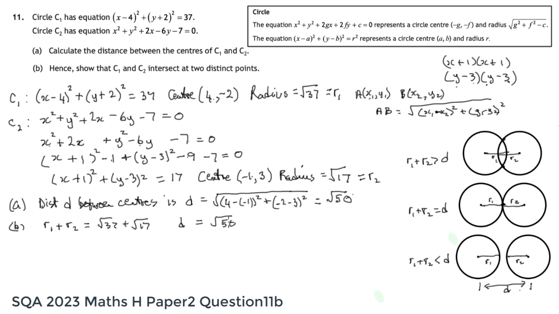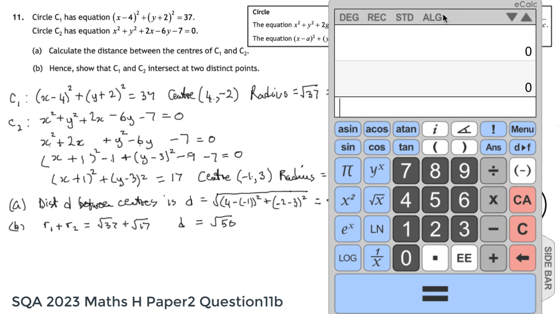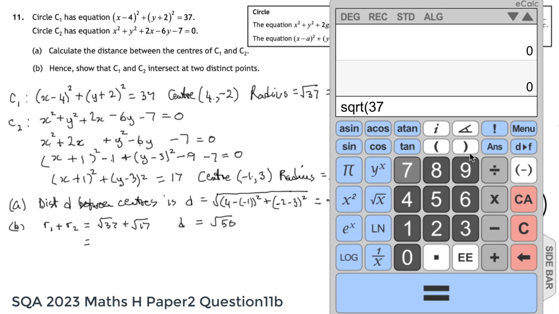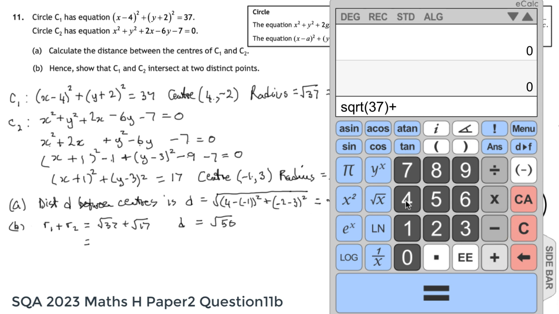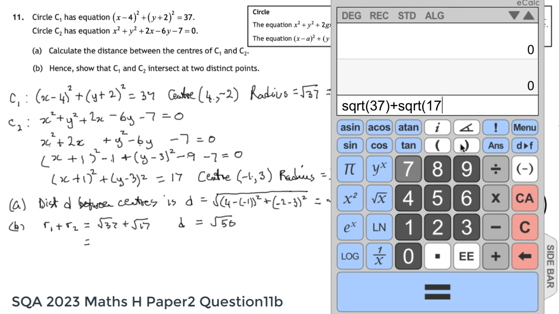Now, we do have access to calculators, so why wouldn't we use that? So what is r1 plus r2? It's the square root of 37 plus the square root of 17.